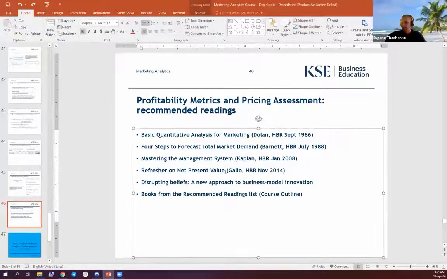A refresher on net present value, I believe, is not available in Moodle, but you can look it up on Harvard Business Review, as well as any books or chapters recommended on the reading list from the course outline.